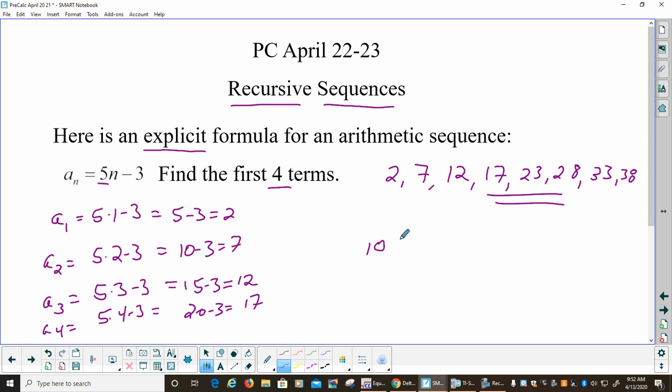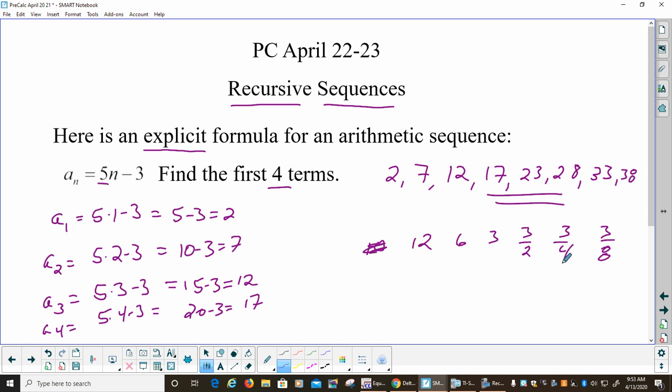Okay, how about this one? How about 12? How about 6? How about 3? What am I doing to these terms? I'm cutting them in half. So the next term in the sequence would be 3 halves. Now cut that in half. 3/4. Now cut that in half. 3/8.